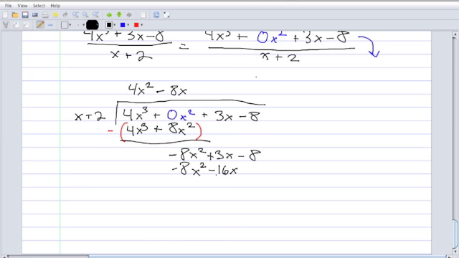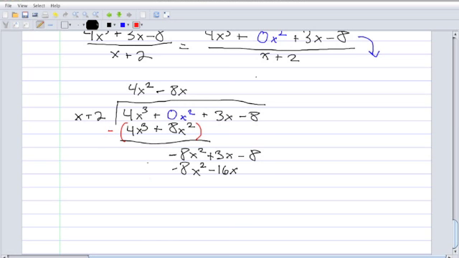Let's see. Oh, okay, I see where I made my mistake. It should just be those two terms. Oh yeah, this is fine. Negative 8x squared, and that's it. That's all I could do. Okay, so yeah, this is fine.